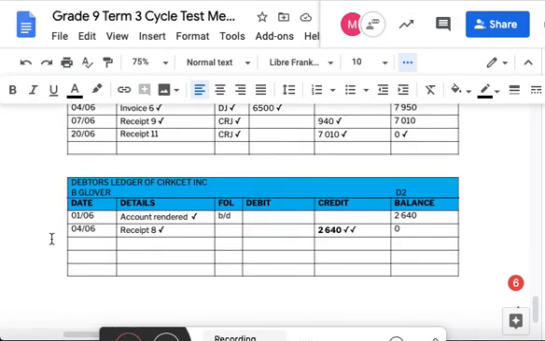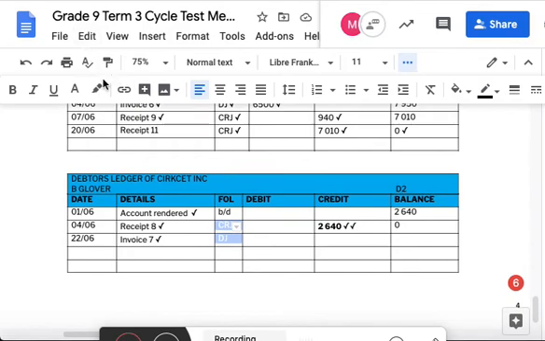The debtors ledger. If we go to Glover's debtors ledger on the 22nd of June, he pays us with invoice number 6. Where are we pulling this information from? The CRJ. Sorry. CRJ, really? Debtors journal. It's credit sales.